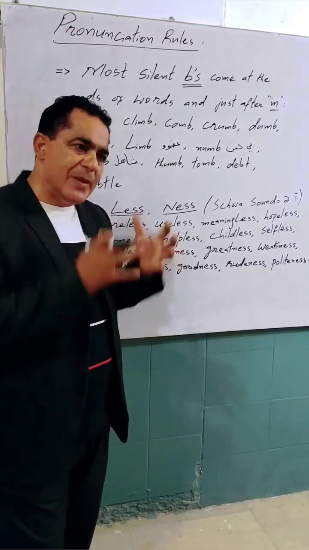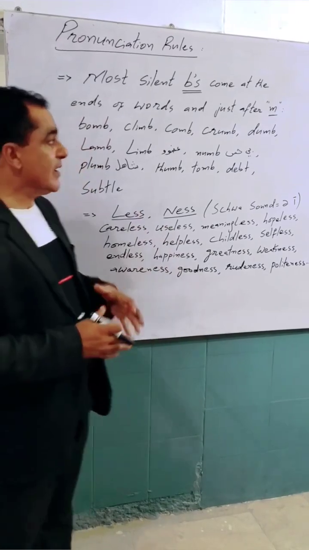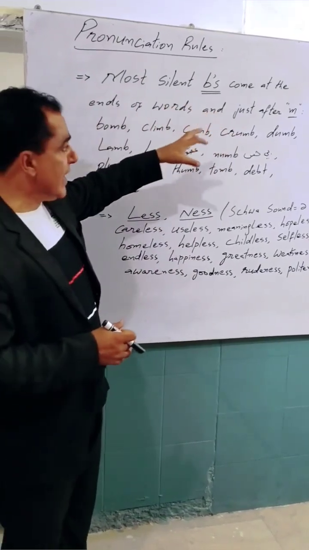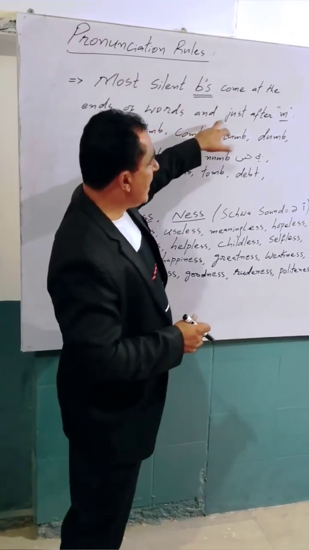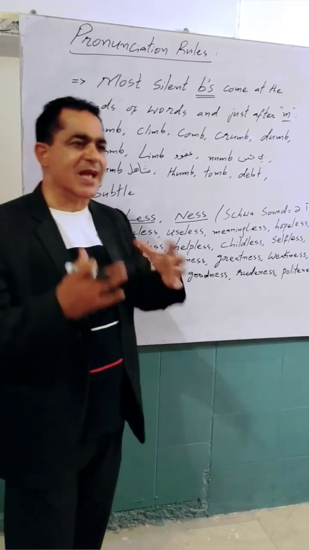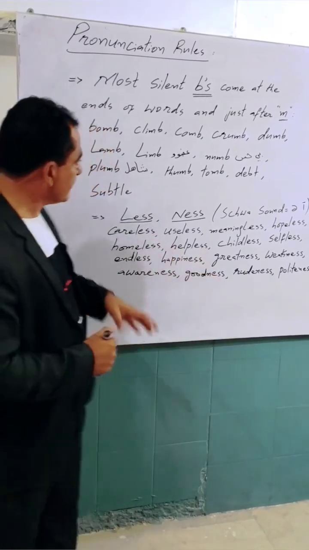When it comes in the beginning, it is pronounced. But when it comes at the end, mostly after M, that B is silent, that B is not pronounced.